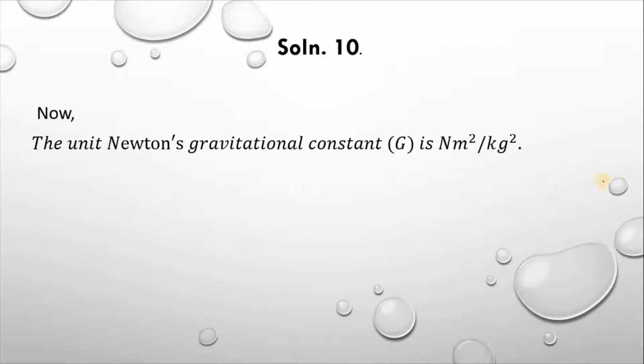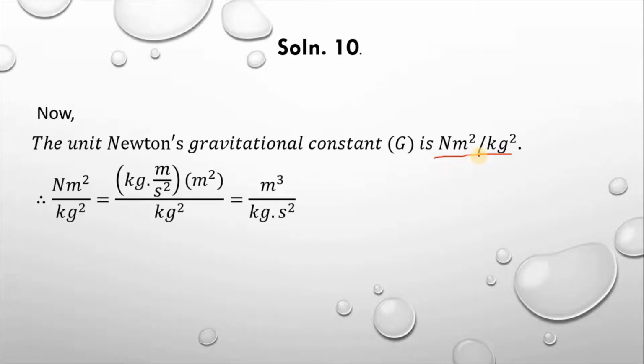The unit of Newton's gravitational constant, capital G, is Newton meter square per kilogram square. You will get this as a given value, that is the value of the universal gravitational constant, in your given data, and you can take it from there, or you can memorize it as well.